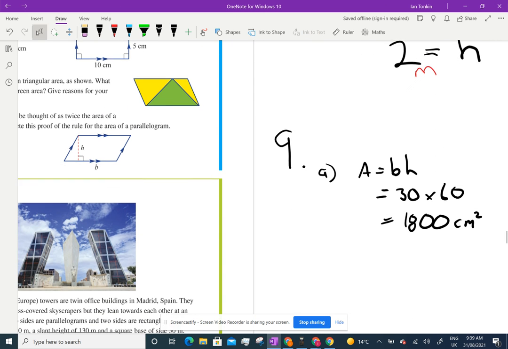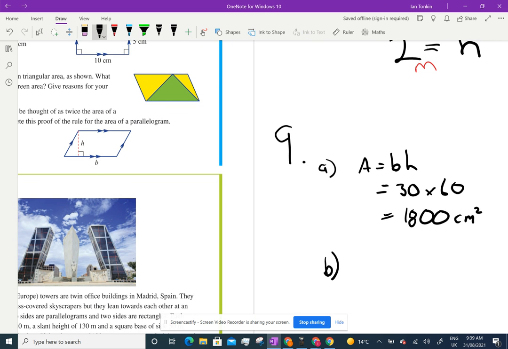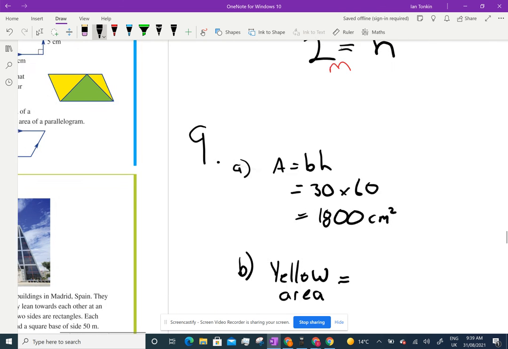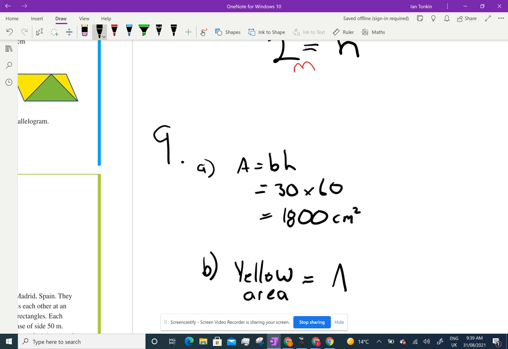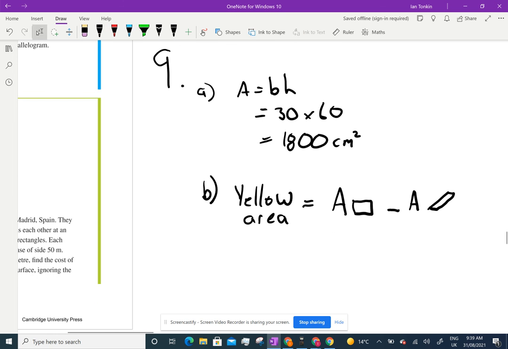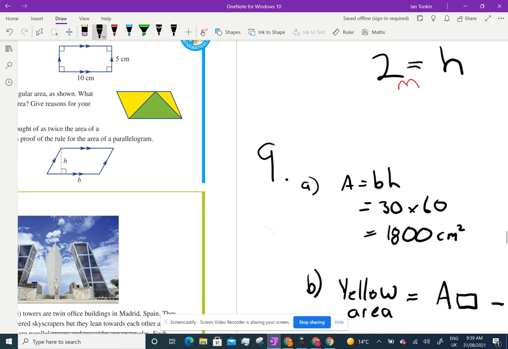So 9b, the yellow area equals the area of the rectangle minus the area of the parallelogram. Well, the rectangle, let's have a look at it.